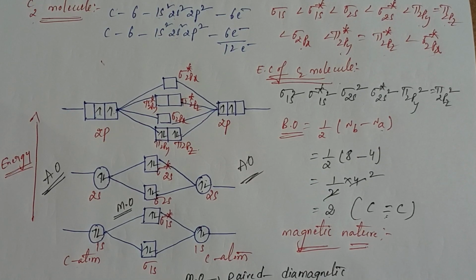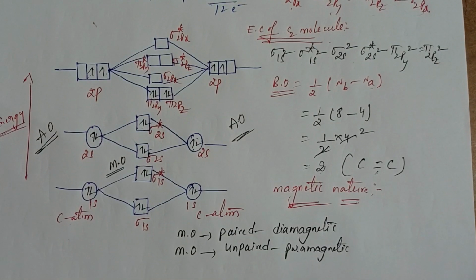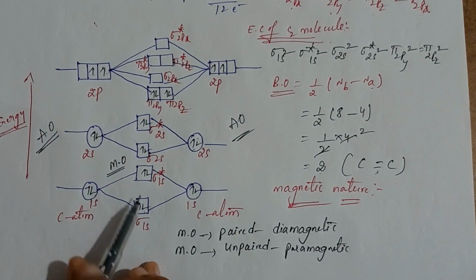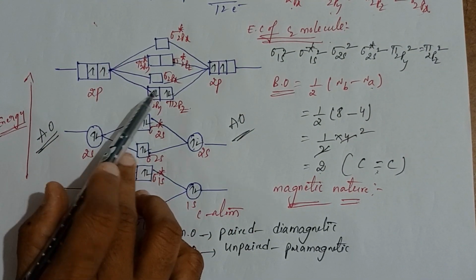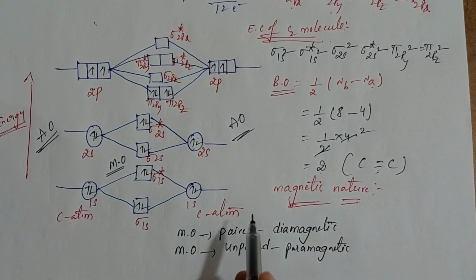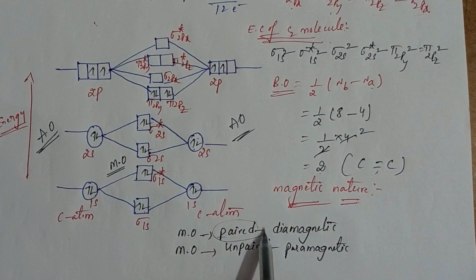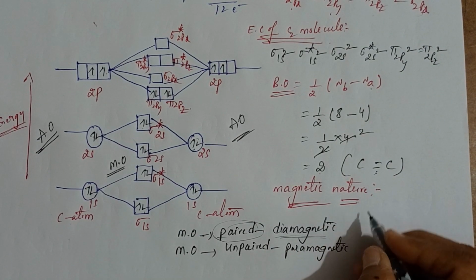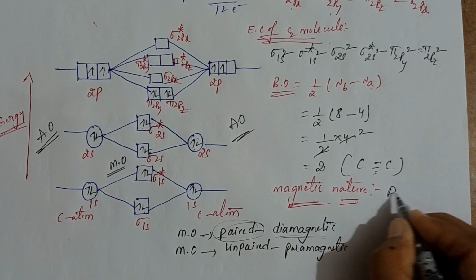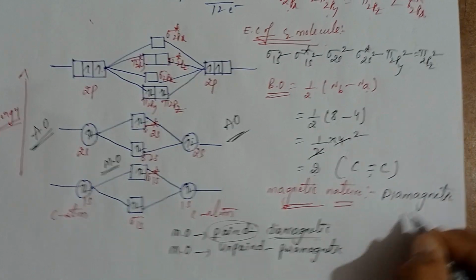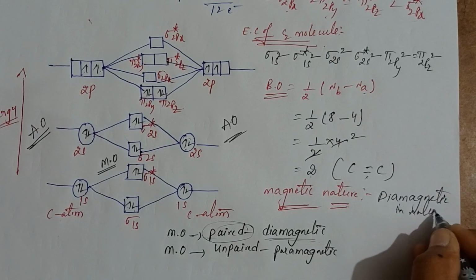Now tell me, these are all molecular orbitals, paired, paired, paired, paired, paired, paired. Are any unpaired electrons there? No, all are paired. So what is the magnetic nature? Diamagnetic. So the C2 molecule is diamagnetic in nature.